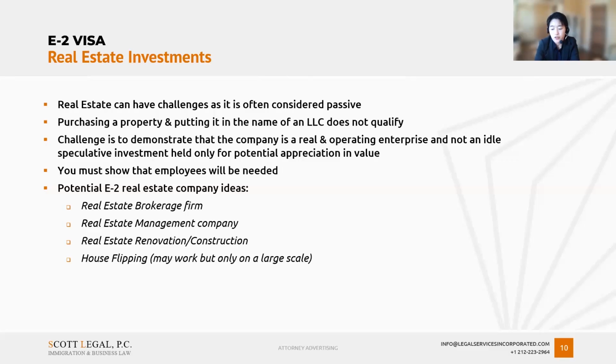But in the case where, for example, you buy a house in the hopes that it'll appreciate, and even if you do things like house flipping, where you're improving certain aspects of the house in the hopes that it will appreciate later, that kind of investment activity, unfortunately, is not the type of active business running activity that the E2 visa program was designed for.